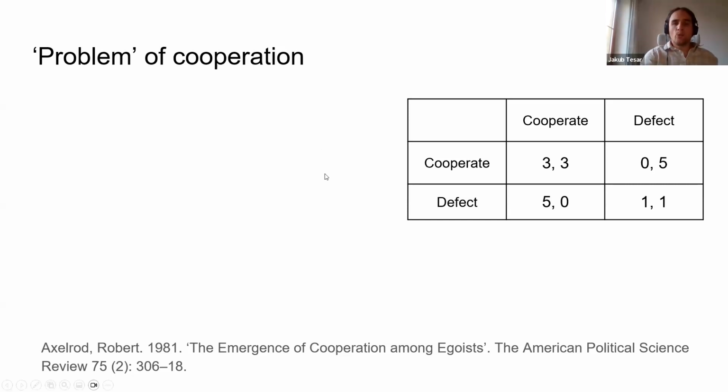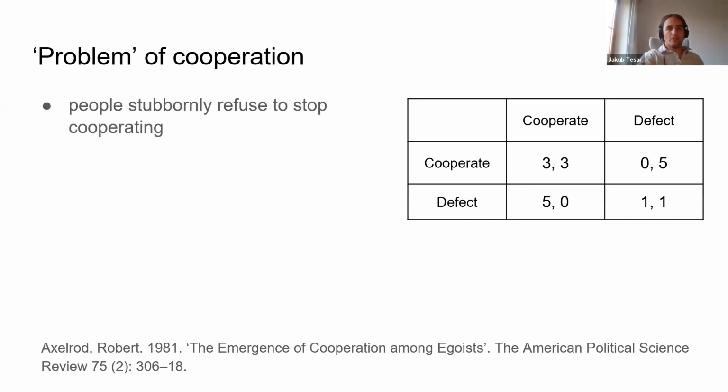And what I mean by the problem of cooperation is that people stubbornly refuse to stop cooperating. If we use the concept of Nash equilibrium, we would assume that cooperation in such a situation would be 0%. Definitely there will be some people who do not fully grasp the game from the perspective of rational theory, but Nash equilibrium says that there is a dominant strategy.